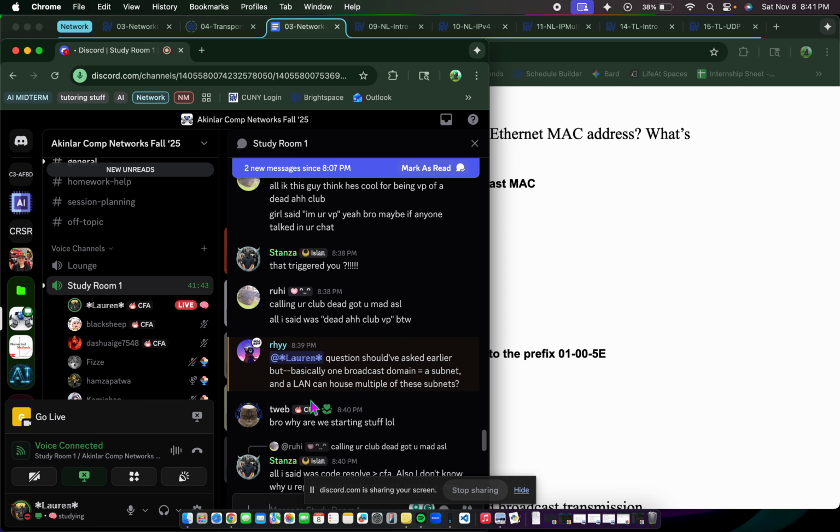Question I should have asked earlier, but basically one broadcast domain is a subnet, and a LAN can house multiple of these subnets. So they could host multiple hosts. You could think of a subnet as an apartment building, and the people that live there are your hosts.